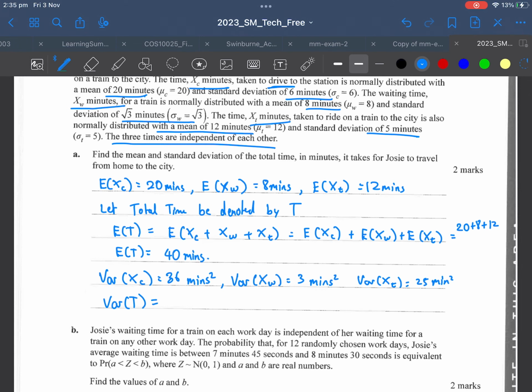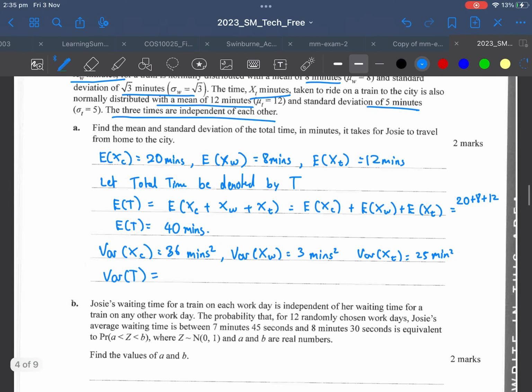So we will get 36 plus 3, which is 39. I'm just going to add 1, so 40 plus 25 is going to be 65, minus 1, 64. So that is going to be our variance for the total time, in minutes squared.